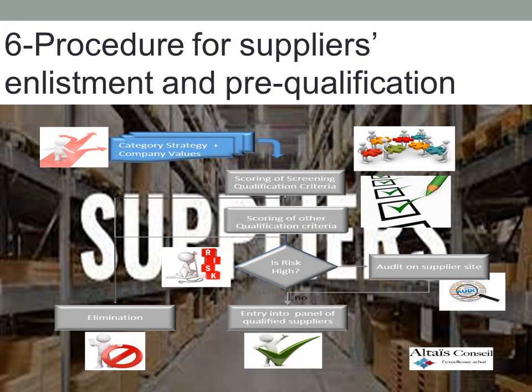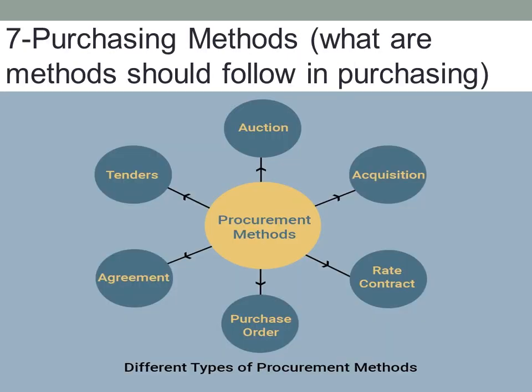The next SOP is about the procedure for the selection, enlistment and pre-qualification of the suppliers. So the primary objective of vendor enlistment is to create a registered pool of qualified vendors and suppliers for various products and commodities.